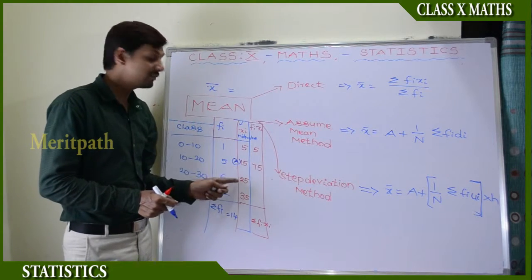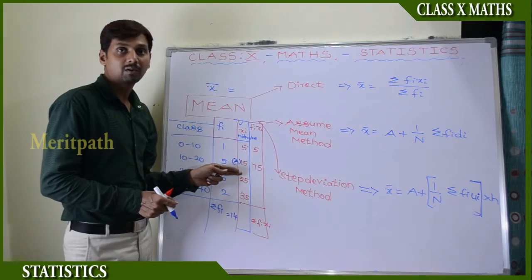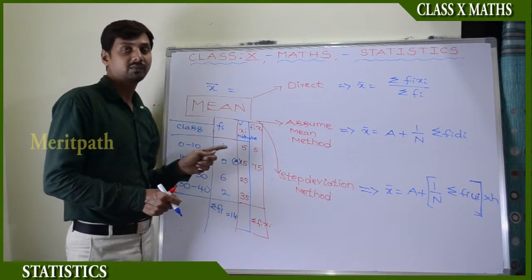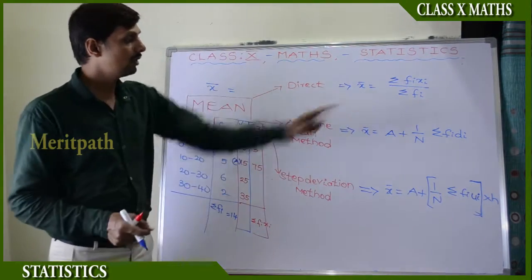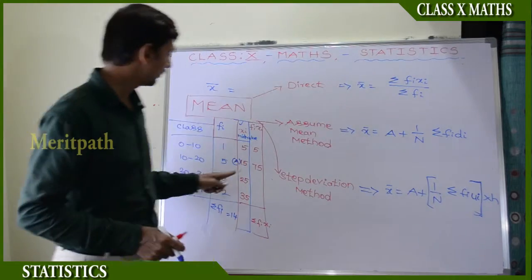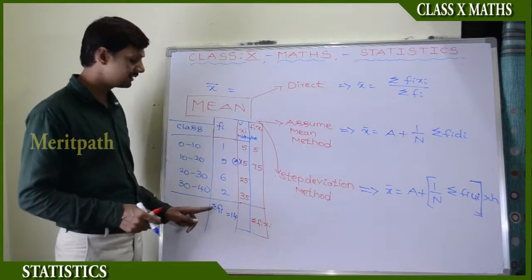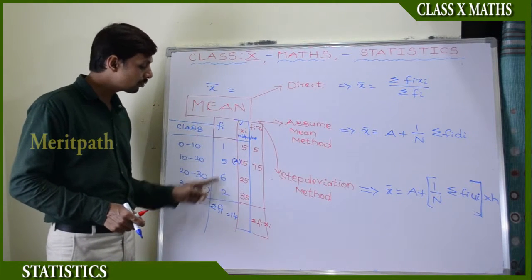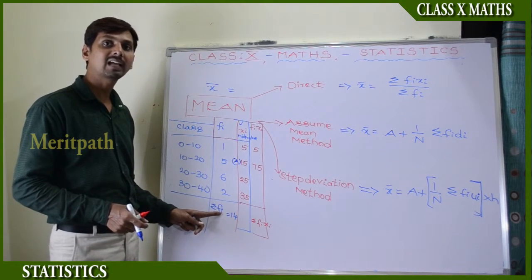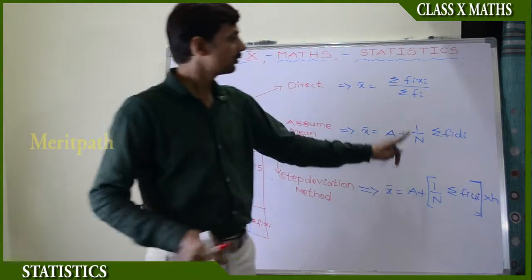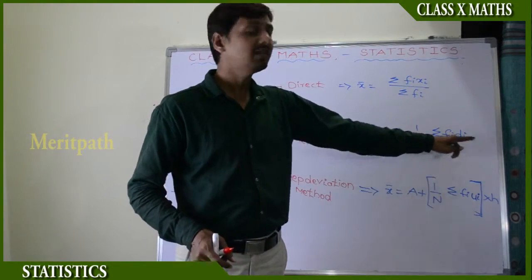So look here, A is 15. Then n is nothing but the sum of the frequency. When we add all the frequencies, 14 is called n. So we need sigma fi di.